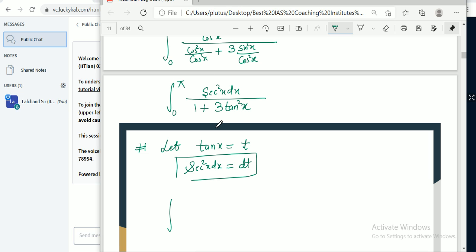So can you tell me what is the problem now in this concept? Is this substitution valid or not? Because if we are converting this back into the limit, then there is a problem.